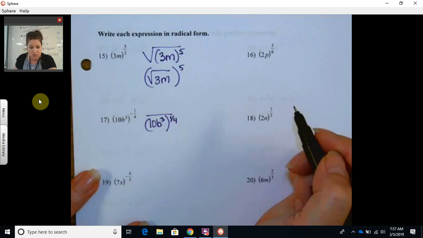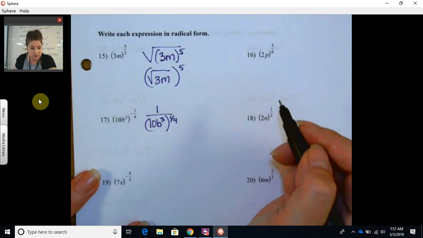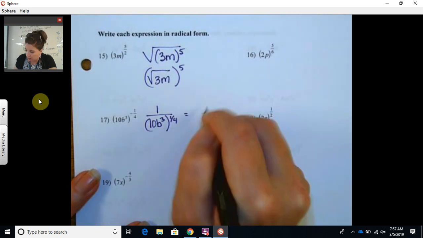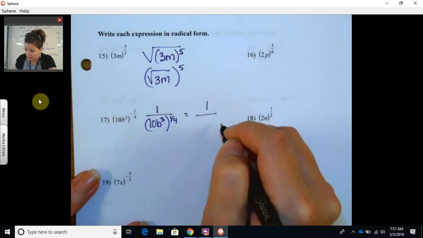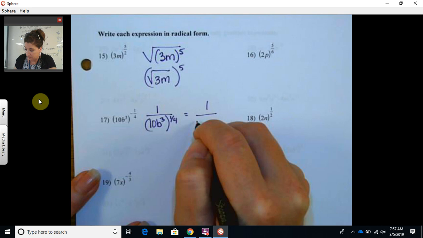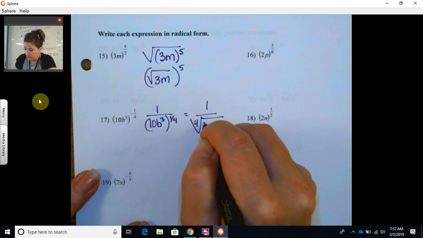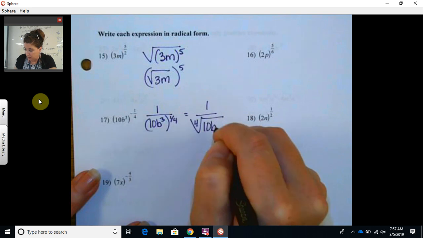So what do I put in the numerator? 1. Now, I haven't converted it to a radical yet, have I? No. So that would be 1 over, what's my index? 4, the denominator, right? So that's the 4th root of 10b cubed raised to the first power.